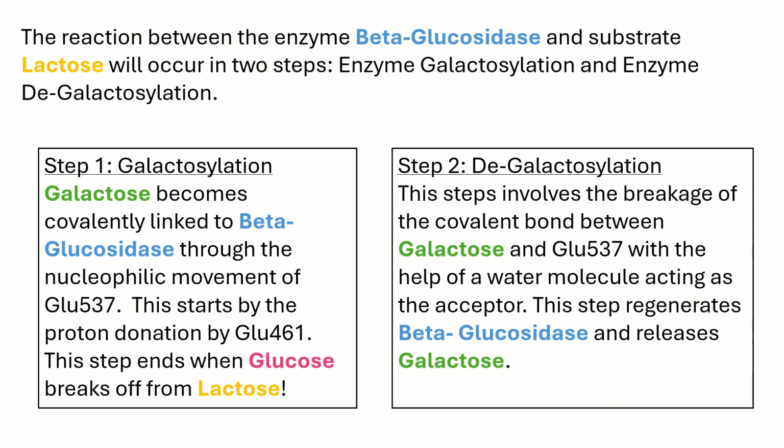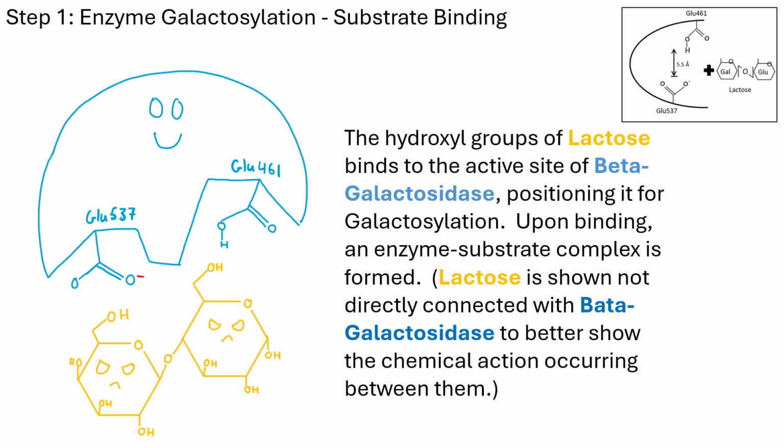This starts by the proton donation by Glu461. This step ends when glucose breaks off from lactose. Step 2, this step involves the breakage of the covalent bond between galactose and Glu537 with the help of a water molecule acting as the acceptor. This step regenerates beta-glucosidase and releases galactose.